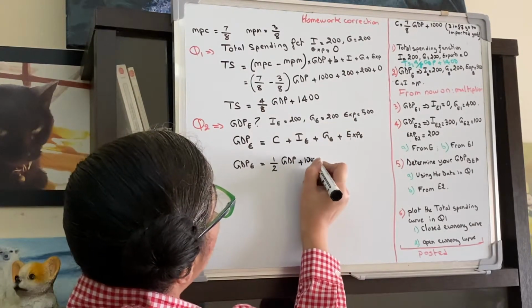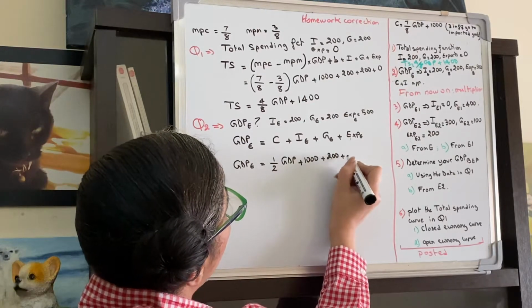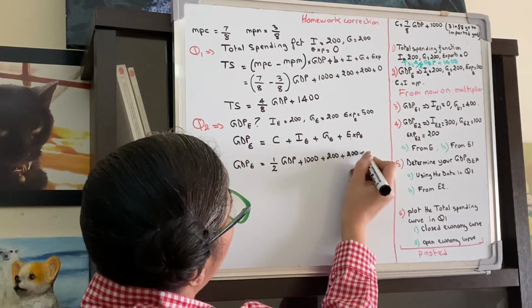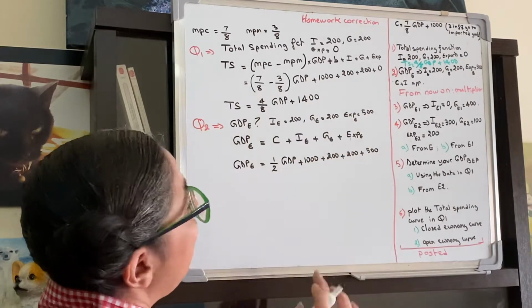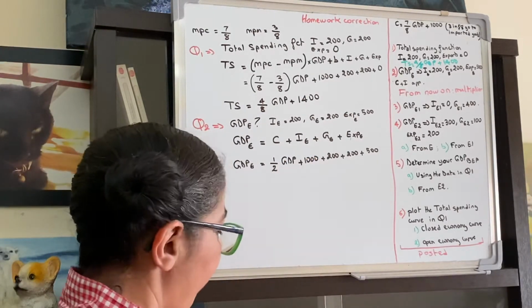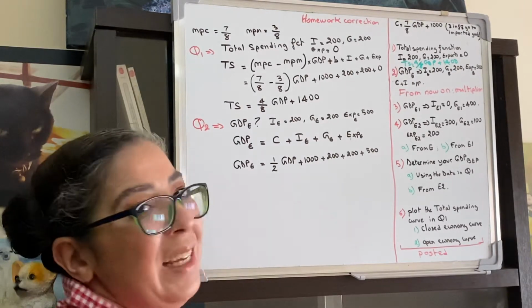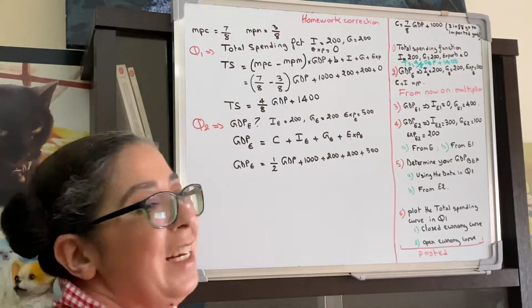Plus 1,000 plus 200 plus 200 again plus 500. I should have rewritten this here. You would have to do it, but I didn't write it.